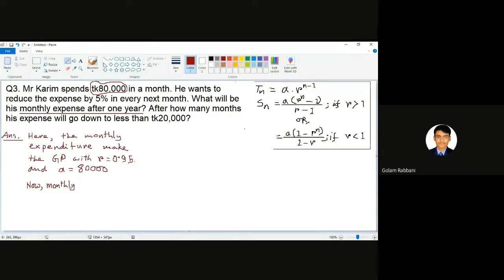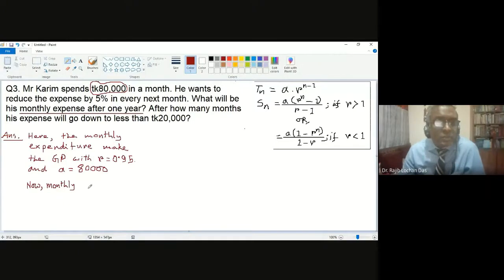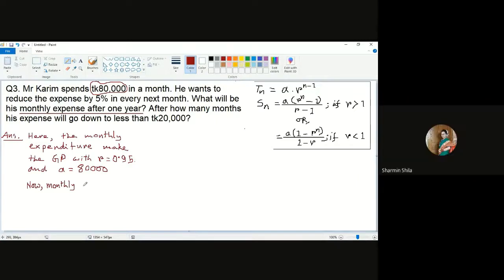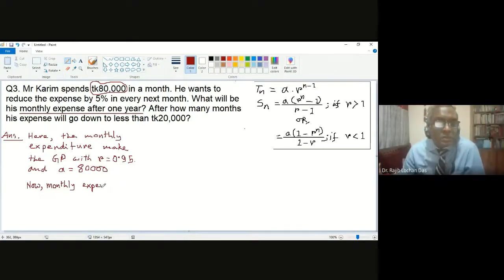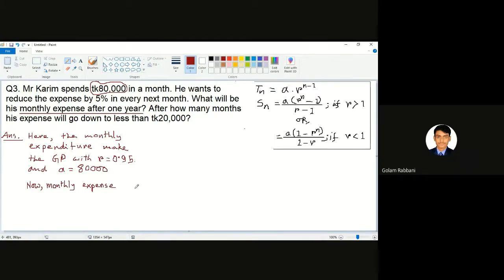Summation. Okay, so how is it S formula? Explain. Monthly expense, total month. Okay, so this is your explanation. Sir, and R is less than one, sir.